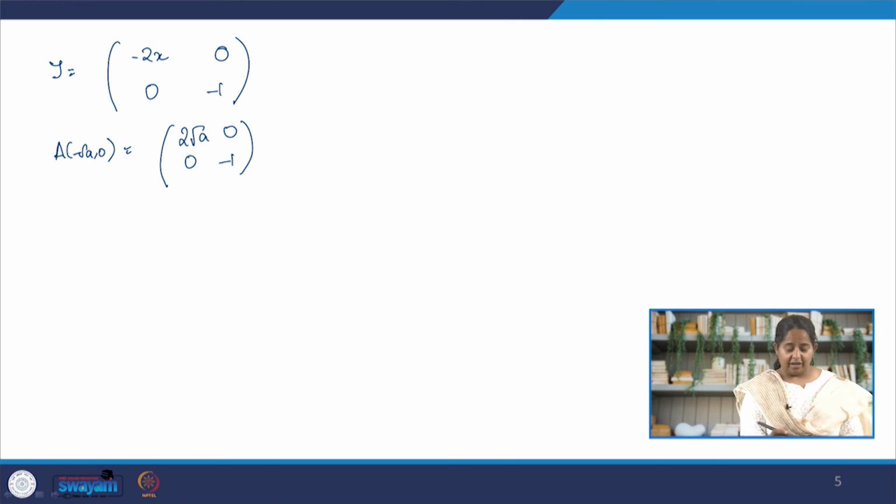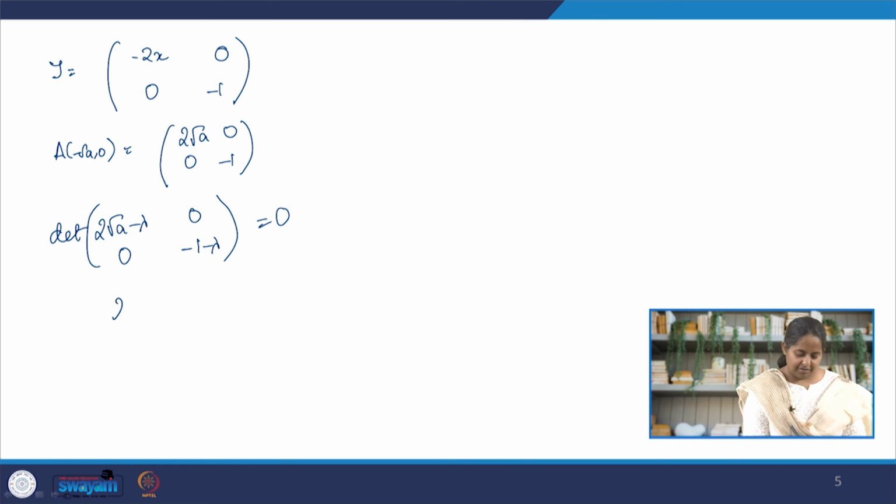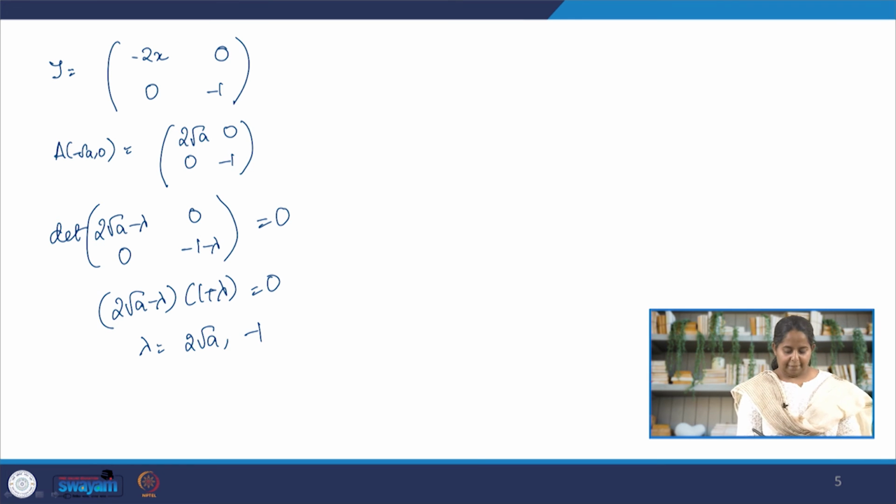And then to find the eigenvalues, the determinant of this should be equal to 0. So clearly we have two eigenvalues. One of them is 2 root a and the other one is minus 1. Okay, so this is a saddle: this is positive, this is negative.